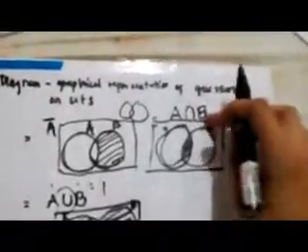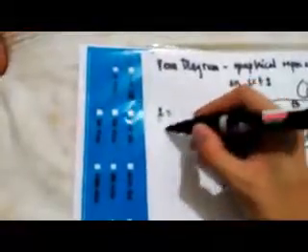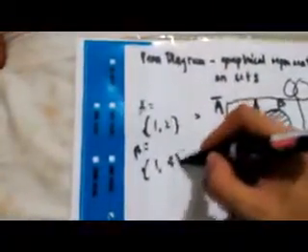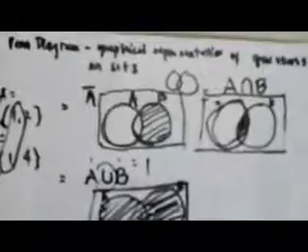In sets A and B, for example, we have A as 1, 2, and B as the set 1, 4. Then the only intersection they have is the 1. It's the only commonality they have, so it's in the middle.